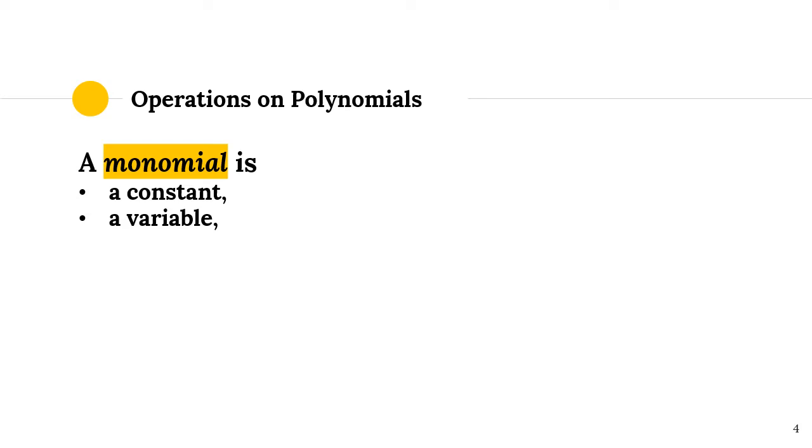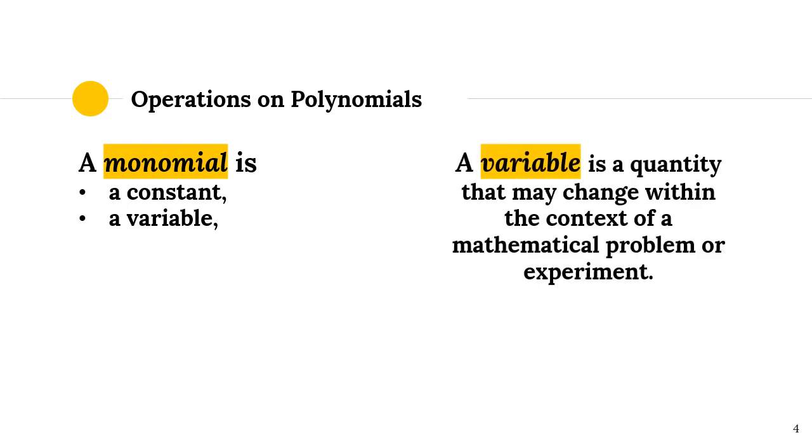How about the second type of monomial? It could be a variable. When we say variable, it's formally defined as a quantity that may change within the context of a mathematical problem or experiment. Say you have a variable for one problem and the quantity for that variable is 20 for that problem. When that same variable appears in another problem, it may or may not be 20 anymore.